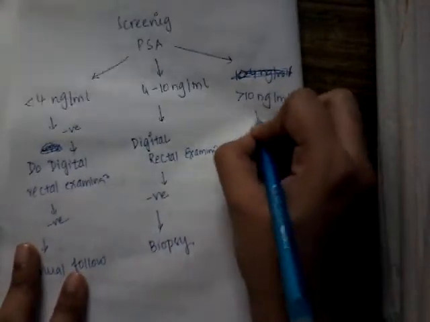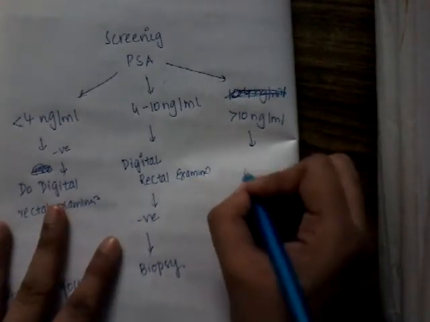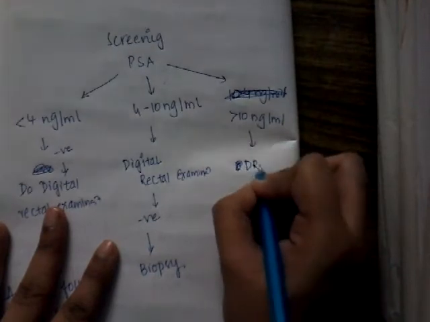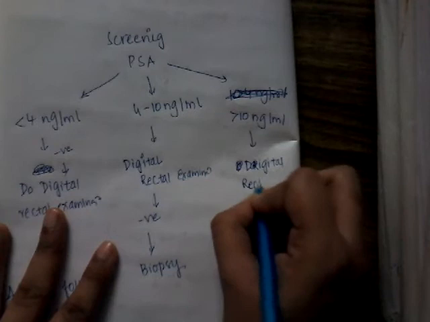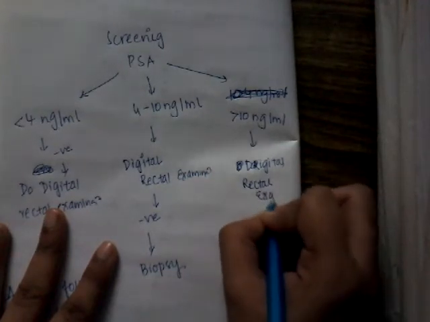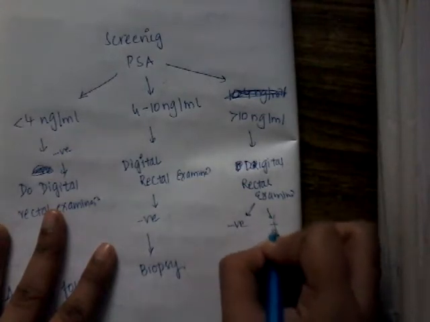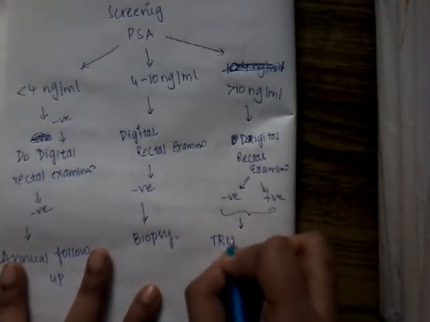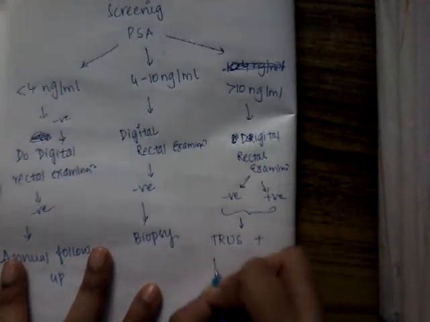If more than 10, then digital rectal examination is not recommended basically, because even if it is negative or positive, in both cases you will have to do transrectal ultrasound plus biopsy.